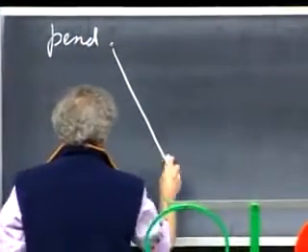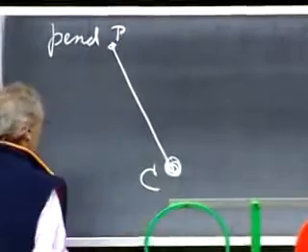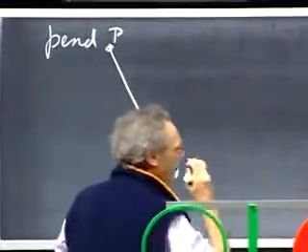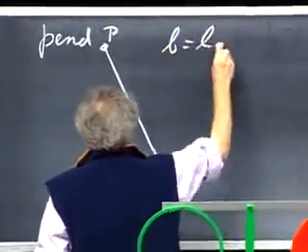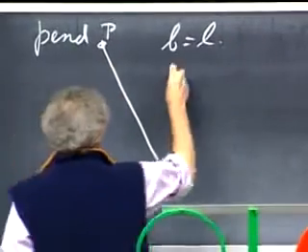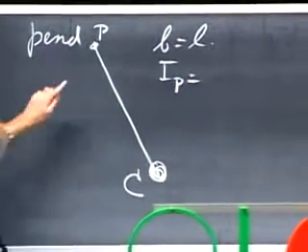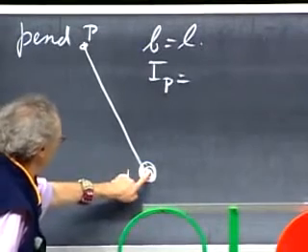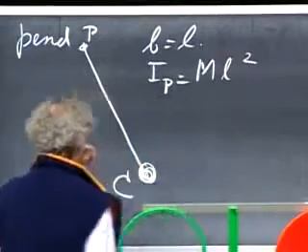For the pendulum, center of mass is here. Here is point P. I give the pendulum length little l. You see that on the right blackboard there. So B equals l. That's the separation between P and C. The moment of inertia about point P is very easy now. This has no mass. The mass is all here, mass capital M. So that must be M times l squared.